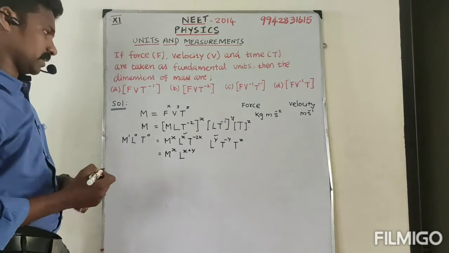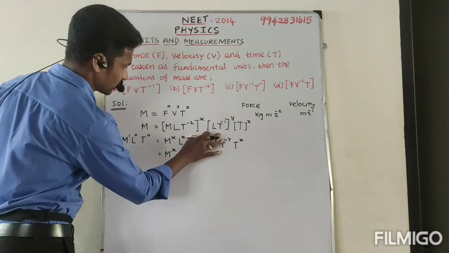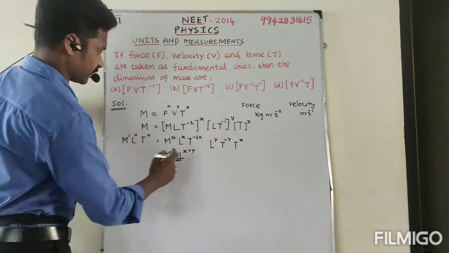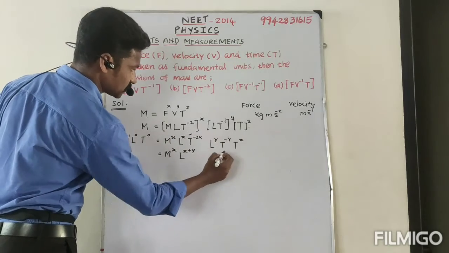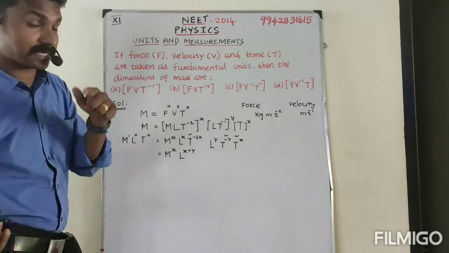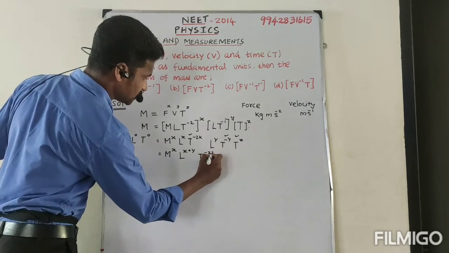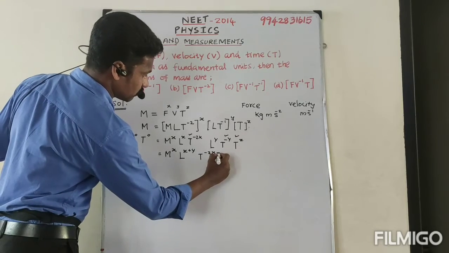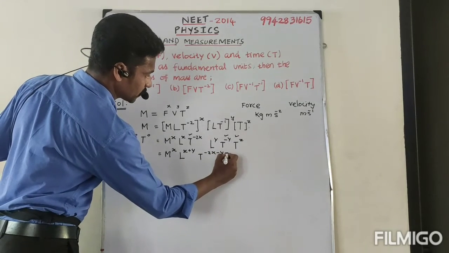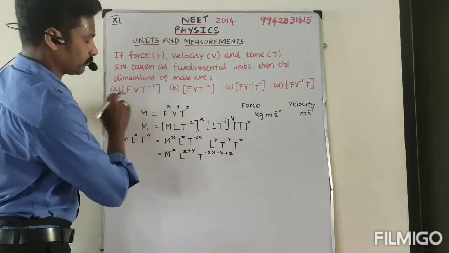Then the next one, time factor. t power minus 2x, t power minus y, then t power z. Three times will come. So t power minus 2x minus y plus z. So now the t power also is over.